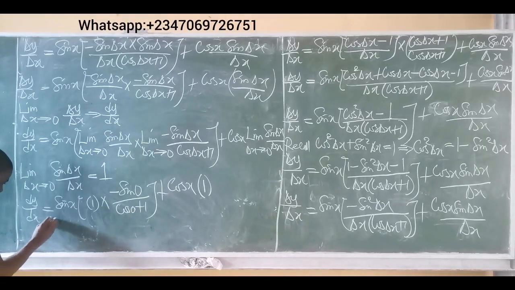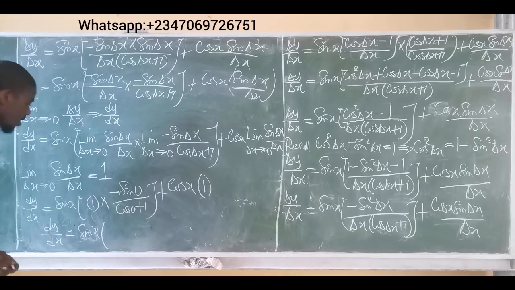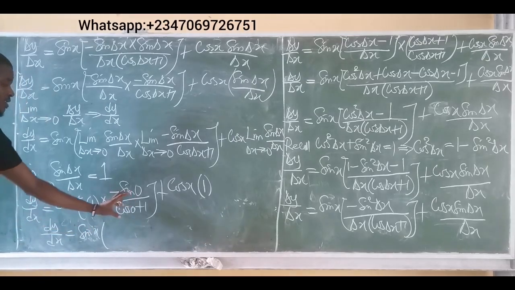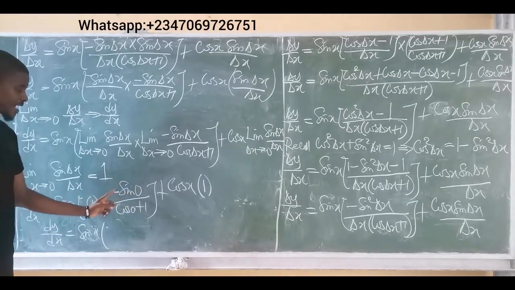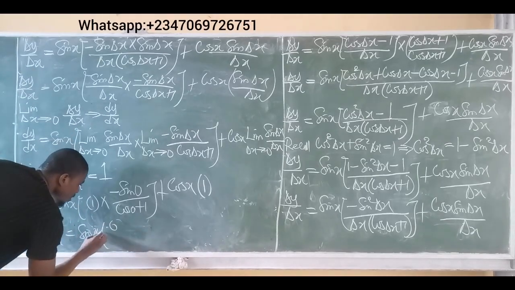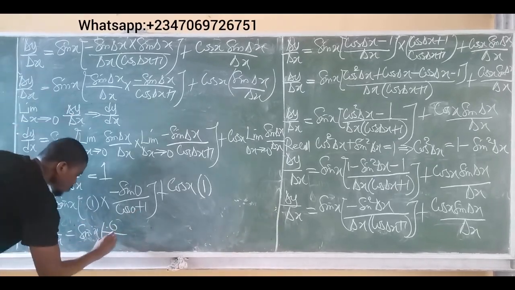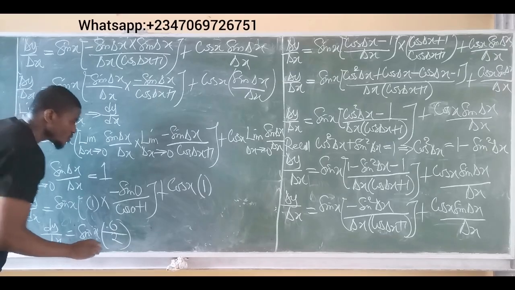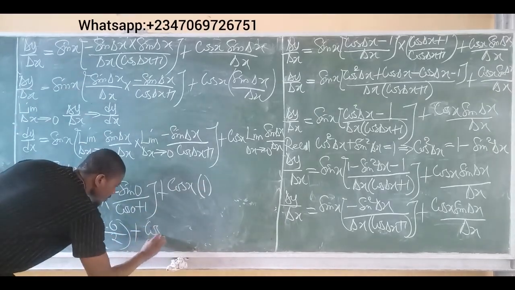All right, so dy dx is equal to sine x multiplied by, now 1 times everything here remains, but keep in mind sine 0 is 0 and negative sine 0 of course is going to be 0, so you simply have 0 all over, now cos 0 is 1, 1 plus 1 is 2, so I have 0 all over 2 plus cos x times 1, which still remains cos x.